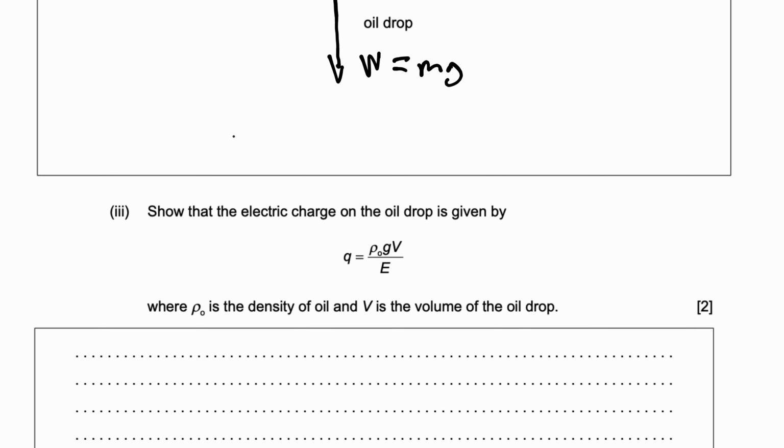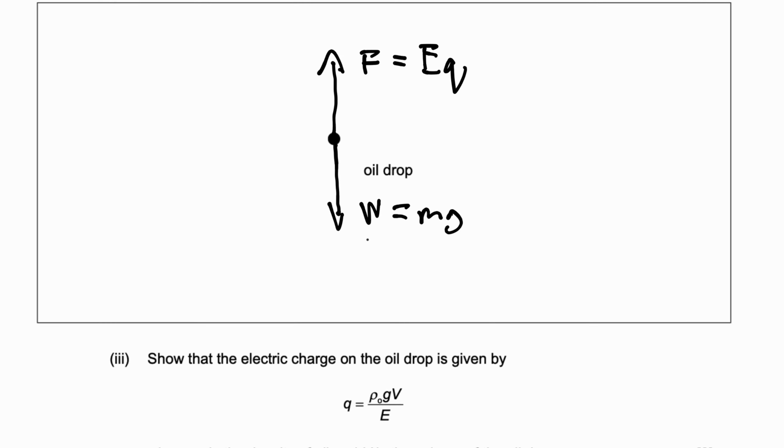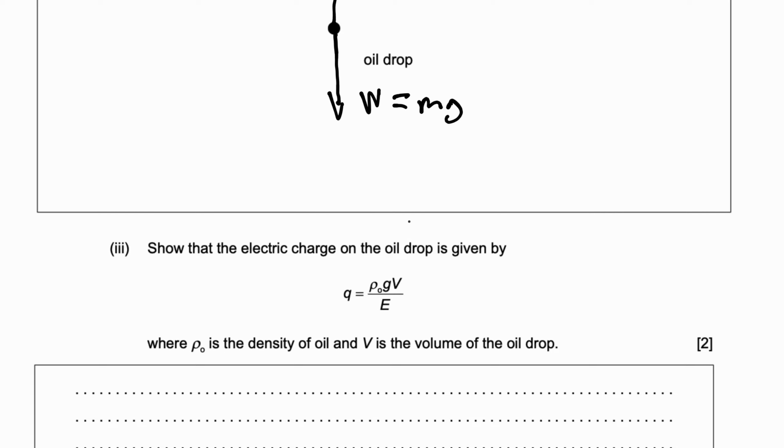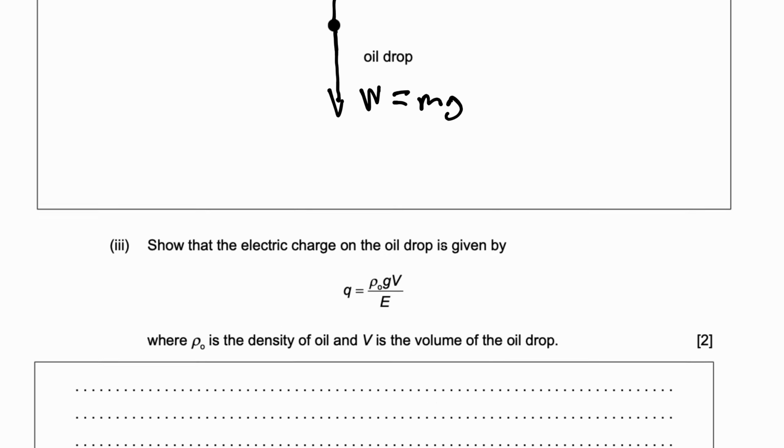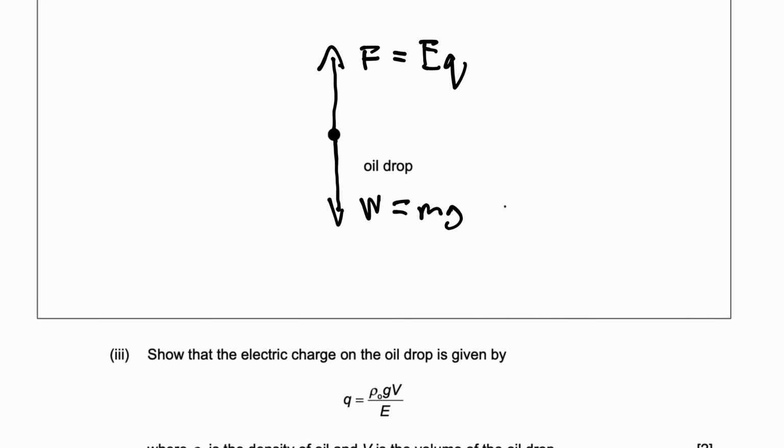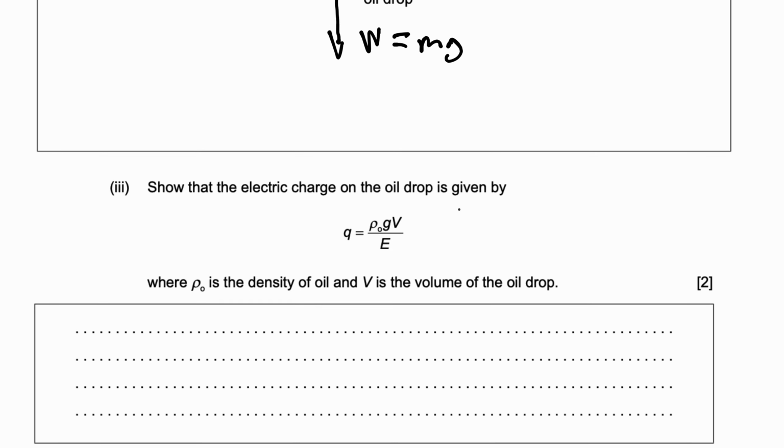Okay, show that the electric charge on the drop is given by this statement right there, where rho is the density of oil and V is the volume of the oil drop. As we know, this oil drop is stationary, and when it's stationary, the summation of the vertical forces must be equal to 0. So using this diagram above, I know the two vertical forces acting on it. First you have an electric force EQ, which is equal to my weight mg.